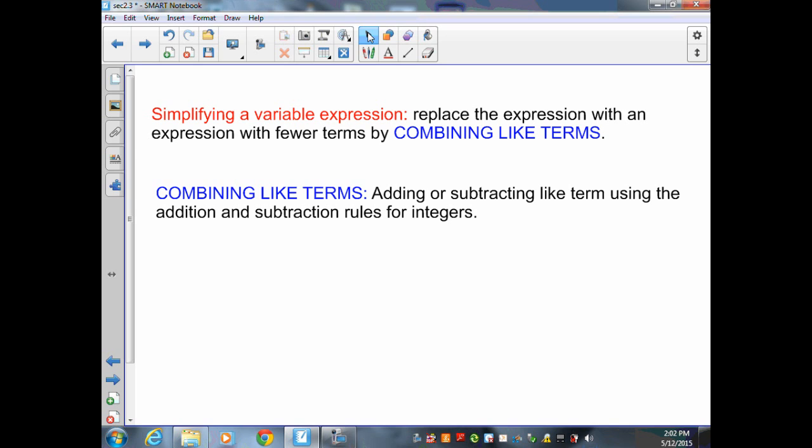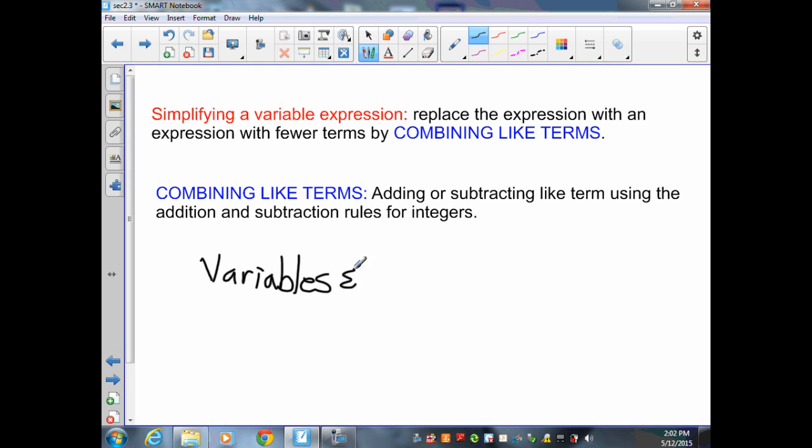And then another key is this. When I add or subtract like terms, the variables and their exponent don't change.